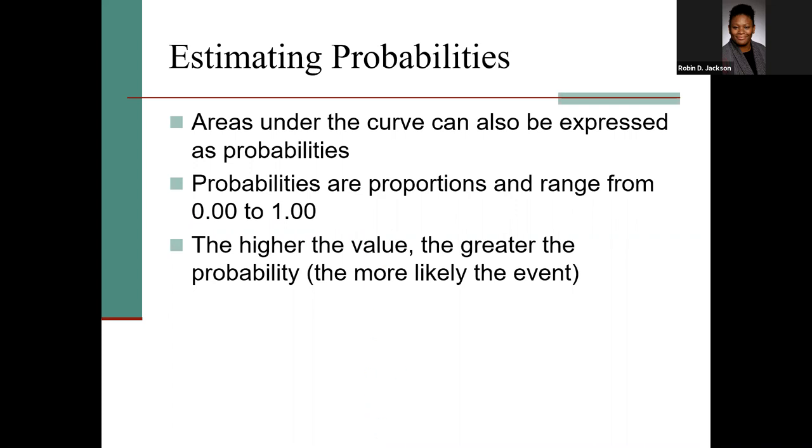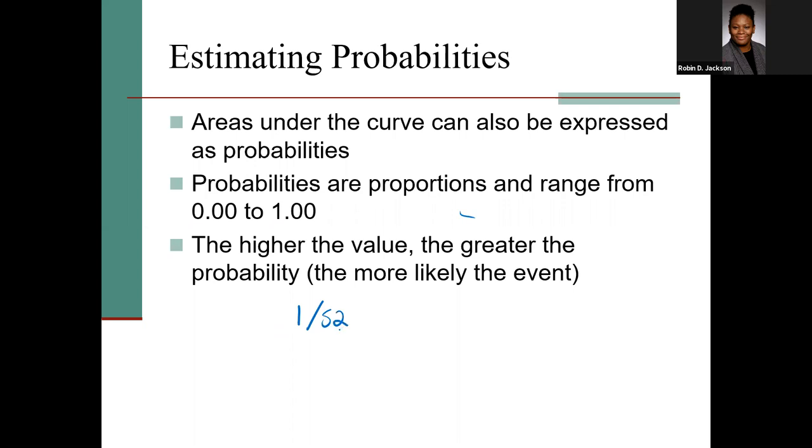So an example that I want you to consider is the King of Hearts example. I believe this is in your textbook, but with the King of Hearts, there's only one King of Hearts in the deck of 52 cards. So one King of Hearts out of 52 cards.